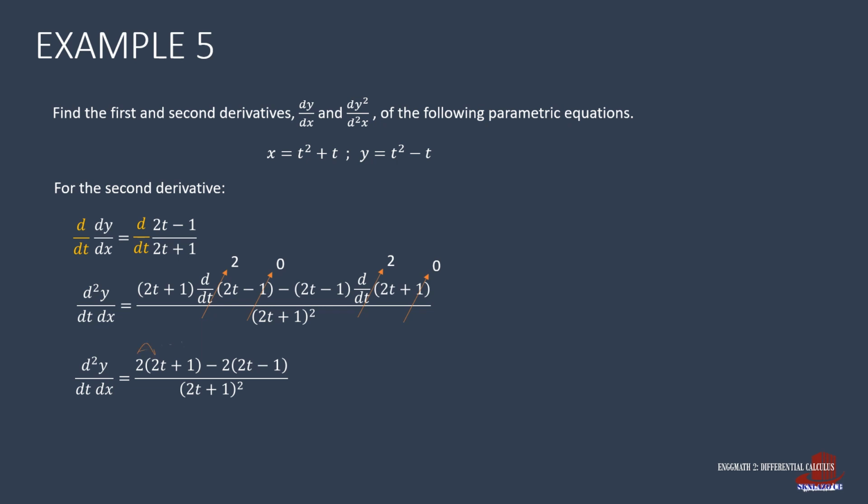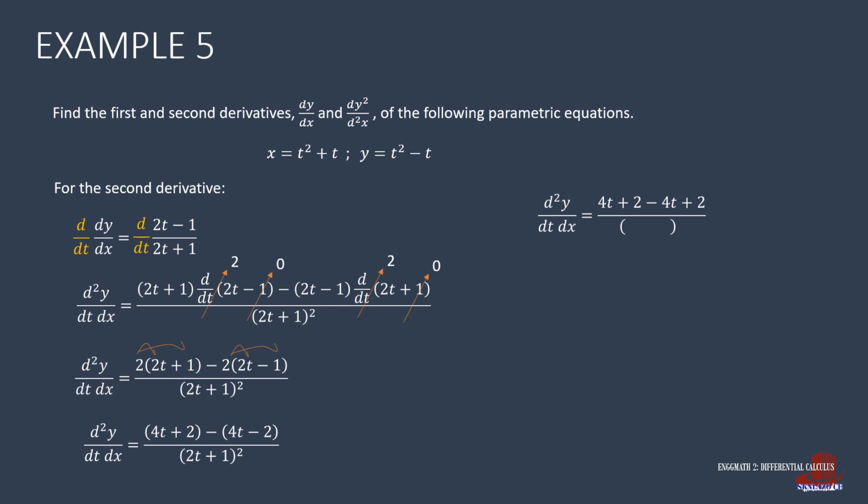Distribute 2 among the terms in each group to have the quantity of 4t plus 2 and 4t minus 2, then also distribute the negative sign to totally take out the parentheses. Now we have 4t plus 2 minus 4t plus 2, where the 4t's cancel out again, leaving 4 over the square of 2t plus 1.